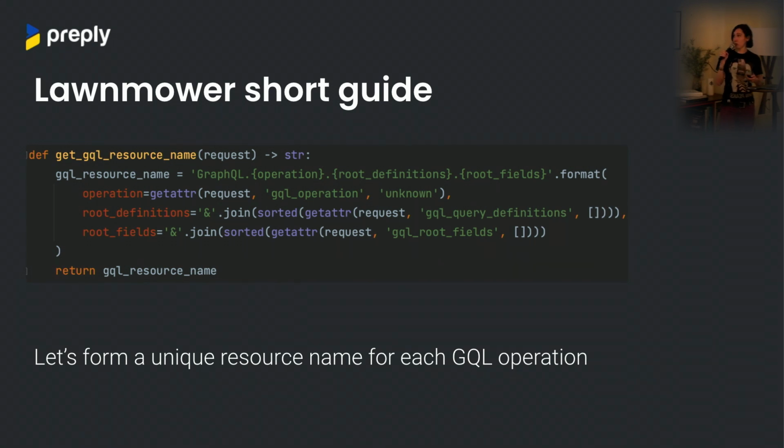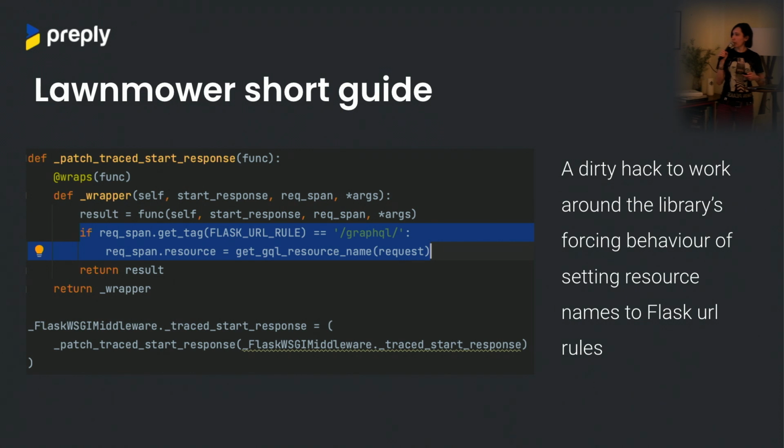So we definitely needed to find a way to form some unique resource name. What we do is craft a resource name string using the information about the GraphQL operation and assign it to the span resource name to override it. That's basically what we did in the first place in this service, and it was working.